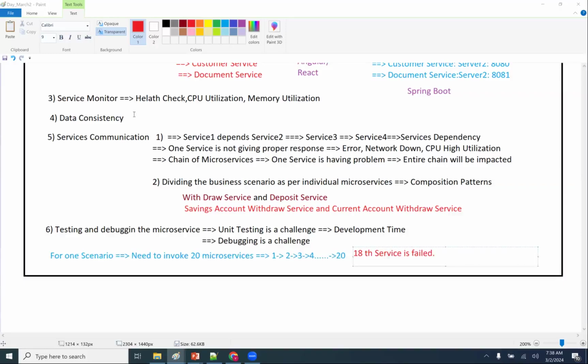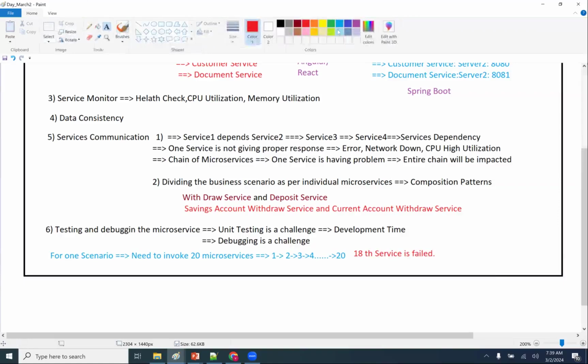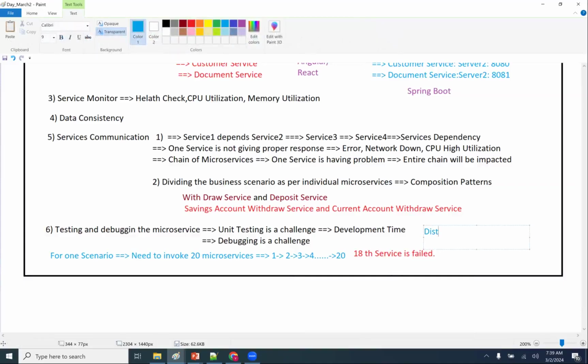That is distributed logging. Tomorrow I'm taking a free workshop on this, guys, on distributed logging for this particular architecture.